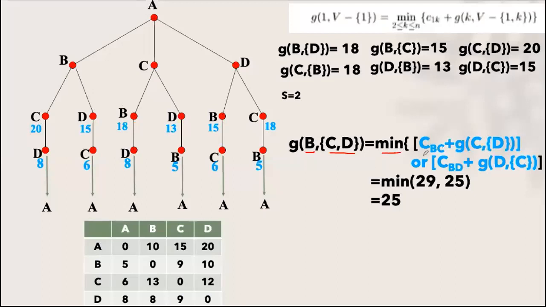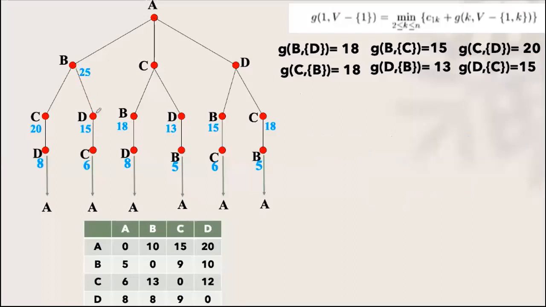So minimum of cost of B to C, or cost of B to D plus this previous calculation, this G of C to D we have calculated, or plus G of D to C. So that is minimum of 29 or 25. So minimum is 25. That is, from B we are going to pick this path, whose cost is 25.